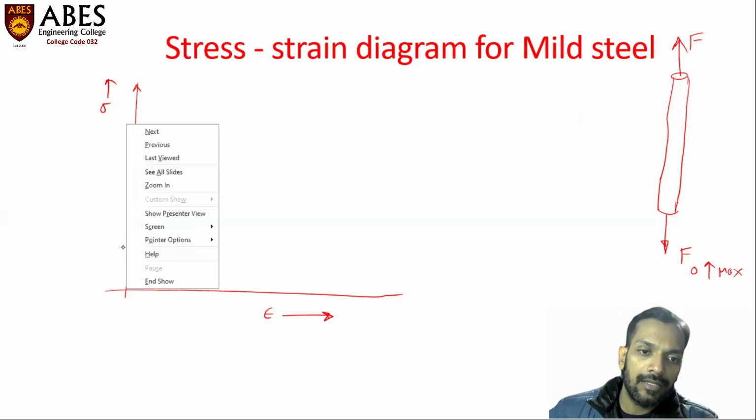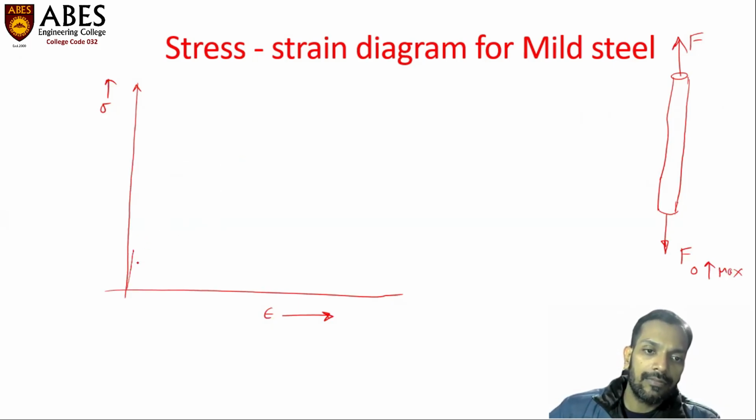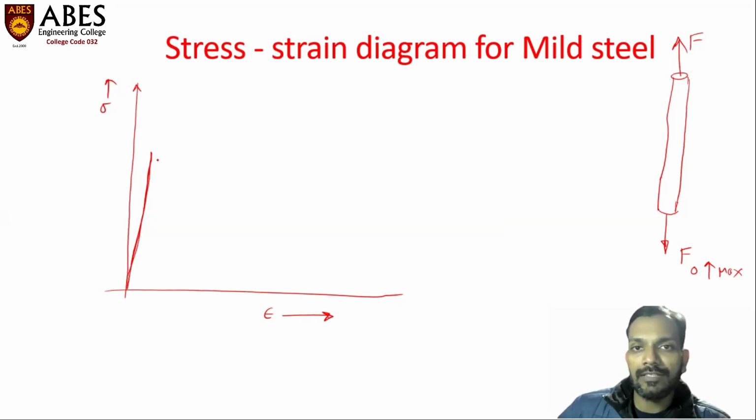This line will be much closer to the y-axis. This will be a perfect straight line. I'm sorry if you're observing this like a curve because I'm drawing freehand, but remember, it is a perfect straight line. You can use a scale for drawing this line.